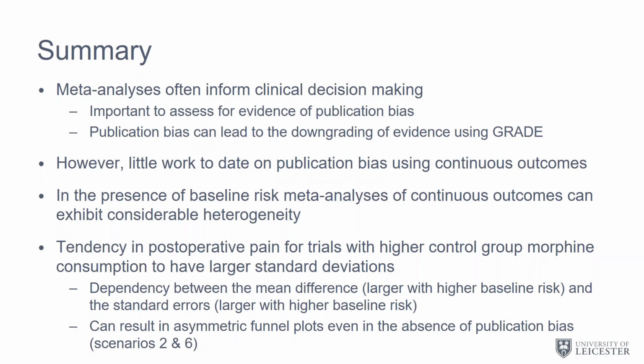We noted that in the field of post-operative pain, studies with higher control group morphine consumption tended to have larger standard deviations, and this led to a dependency between the mean difference and the standard errors, with both being larger with higher baseline risk. Through the simulation study, we showed that this can result in asymmetric funnel plots, even in the absence of publication bias, such as in scenario 2, where Egger's test incorrectly identified 60% of meta-analyses as having asymmetry.